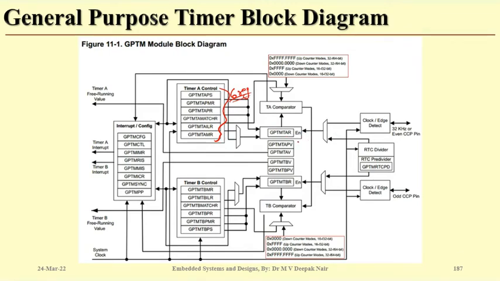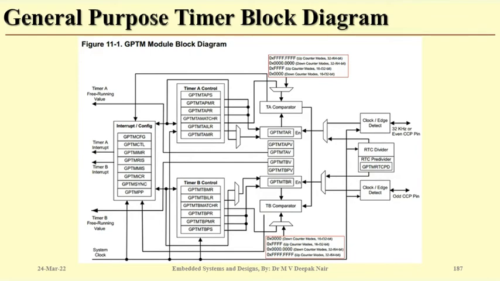Apart from that, there are registers for comparison jobs. If this number is equal to this or not, because the Systick timer was just coming down and becoming 0, and then coming down and becoming 0 again. Whereas the general purpose timer can be programmed in so many different ways.